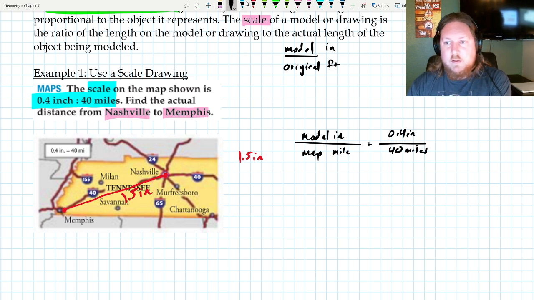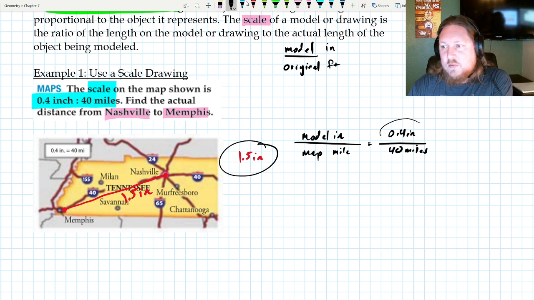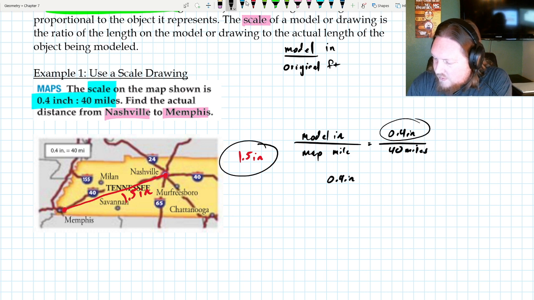That's my scale factor. Now, if I want to find the actual distance between Memphis and Nashville, all I have to do is think, okay, I measured it in inches, so it should be set equal to the top there. So 0.4 inches over 40 miles equals 1.5 inches on the map over x miles.